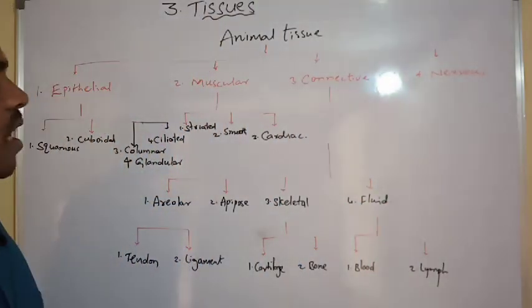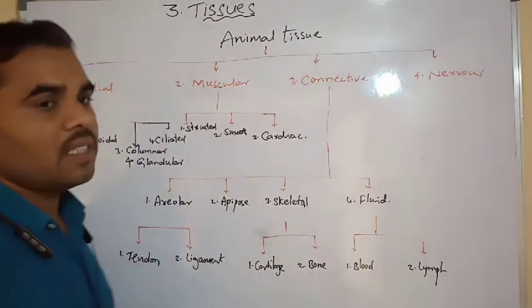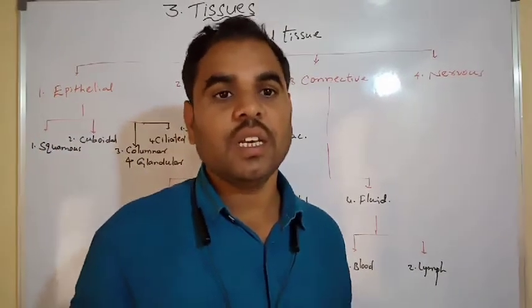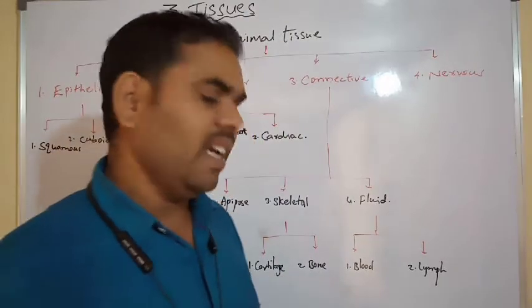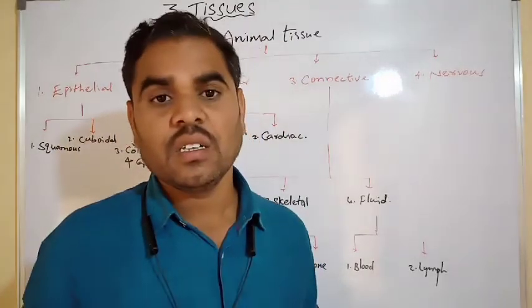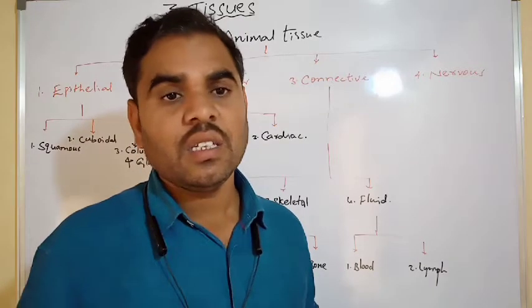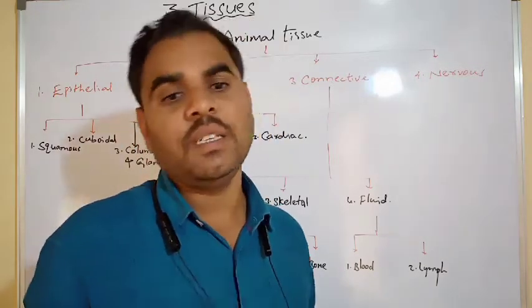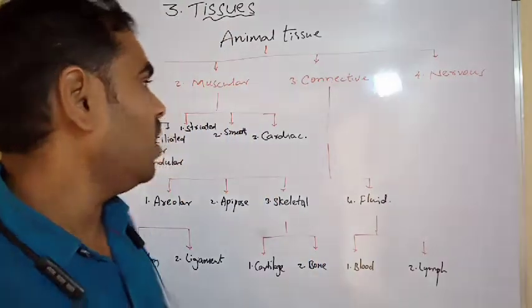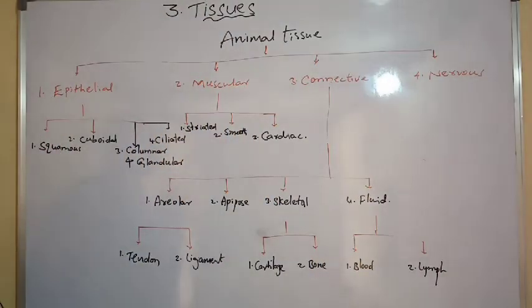These epithelial cells are present in our skin, in the blood vessels, and in the alveoli. Everywhere these epithelial cells are present, covering the cells and protecting them.